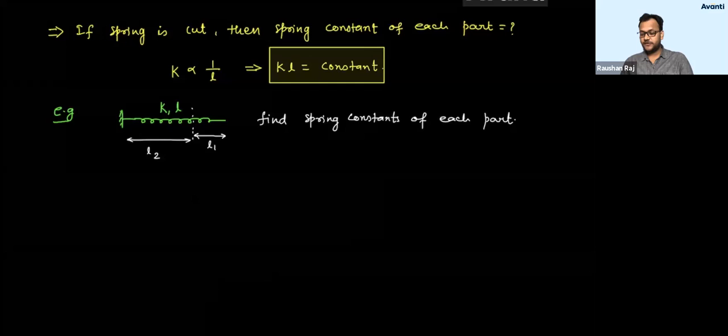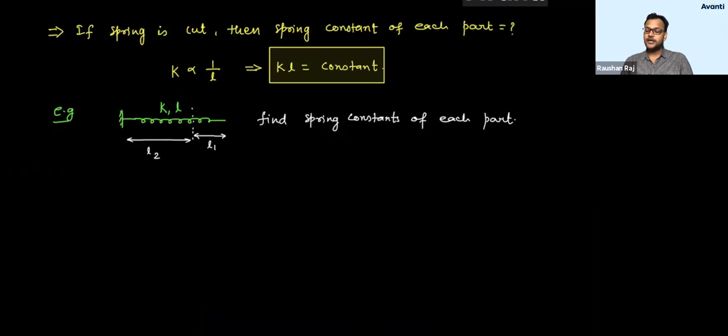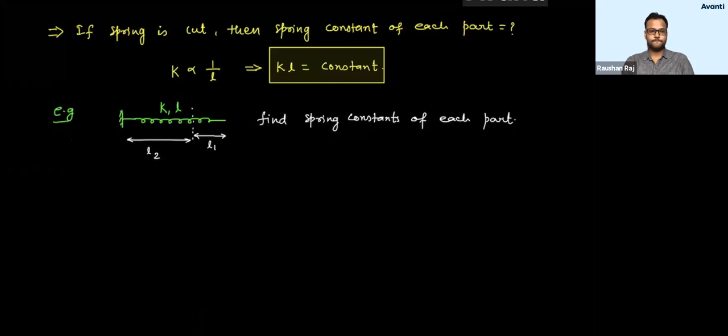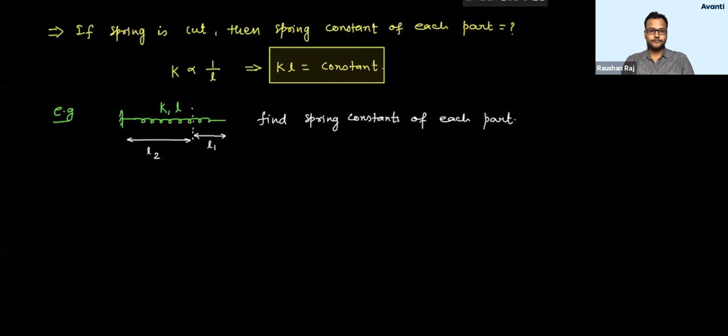Find out the spring constant of each part if it has been cut into 2 parts such that one length is L1 and the other is L2. Come on guys, give me the answer. Every time you don't need me, right? Sometimes use your own brain also. If I have been given a formula, I am also going to use the same concept. I'm not going to tell you anything new.